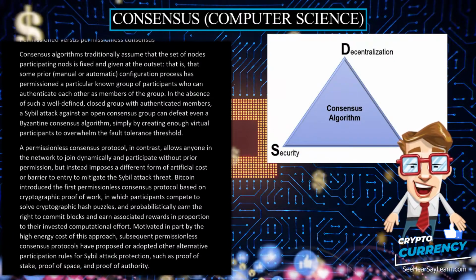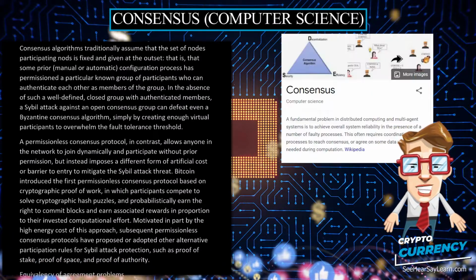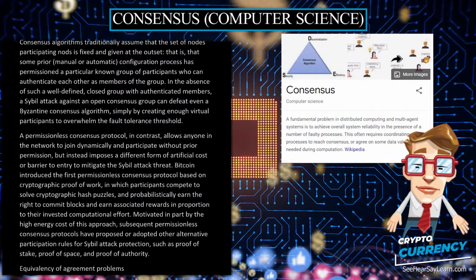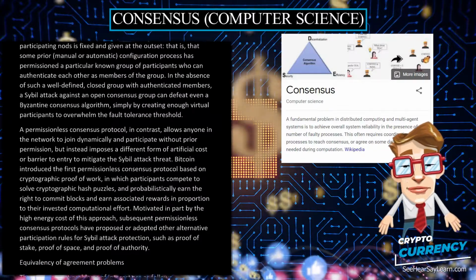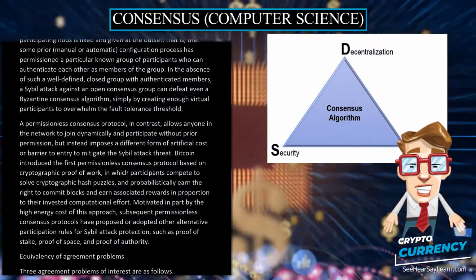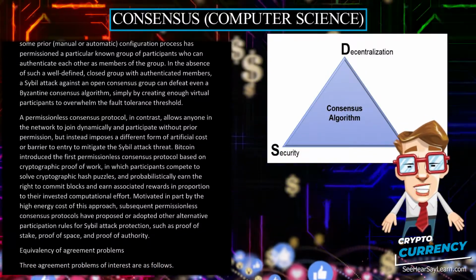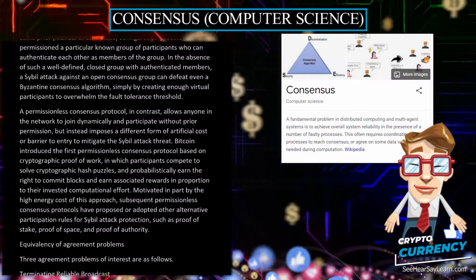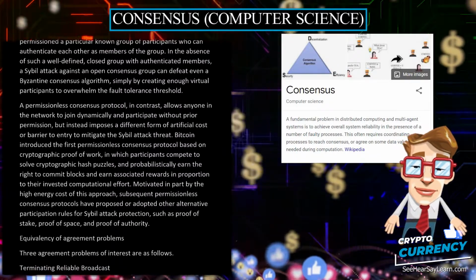Motivated in part by the high energy cost of this approach, subsequent permissionless consensus protocols have proposed or adopted other alternative participation rules for Sybil attack protection, such as proof of stake, proof of space, and proof of authority.